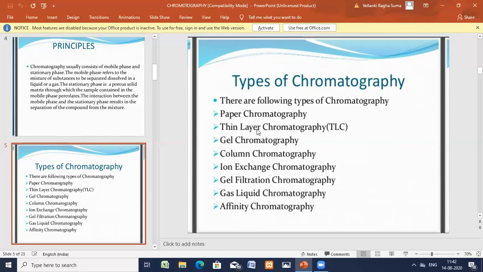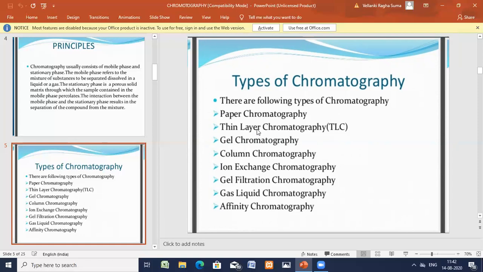The two phases are the stationary phase and the mobile phase. The mobile phase moves over the stationary phase. The stationary phase is composed of small particles which contribute a large surface area to the mobile phase.